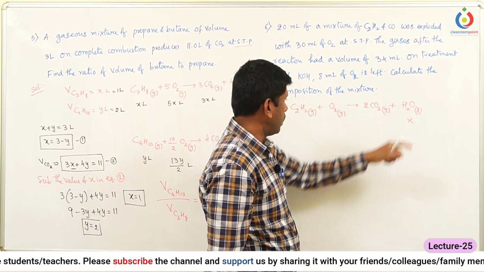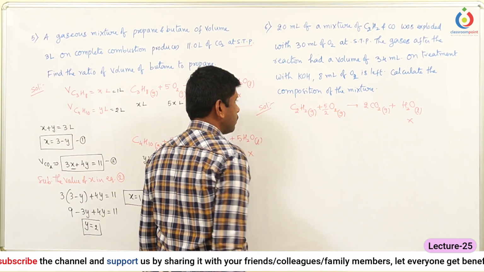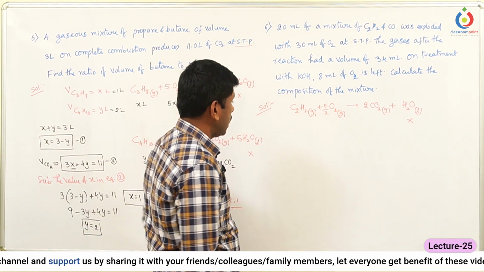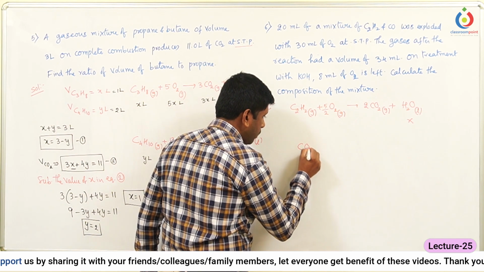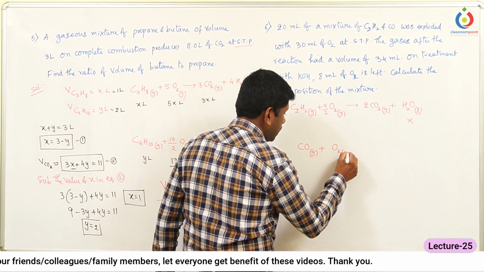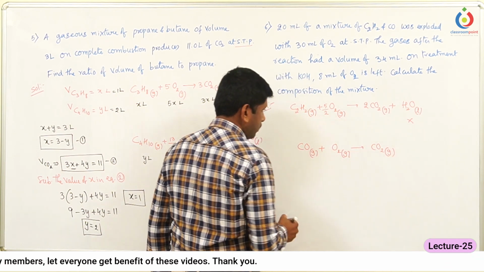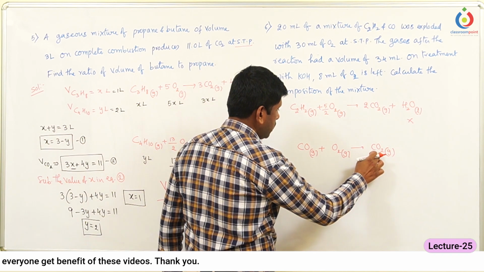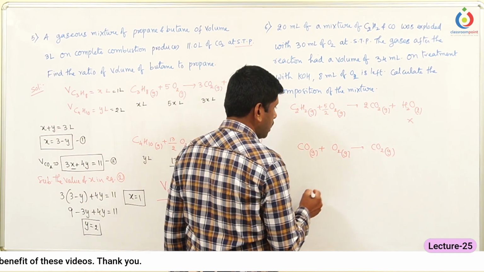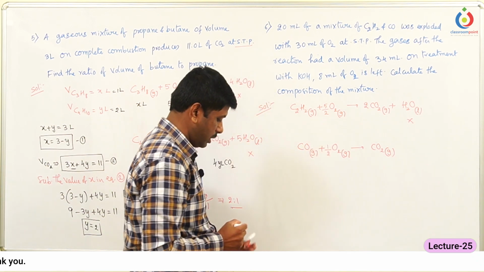So 4 plus 1 is 5, so here 5 by 2 O2. Let us take the carbon monoxide also. Carbon monoxide in gaseous state reacts with oxygen in gaseous state, produces CO2 in gaseous state. Here 2 oxygens, and totally 3 oxygens are there. So make it half, cancel out, totally it equals 2 oxygens.